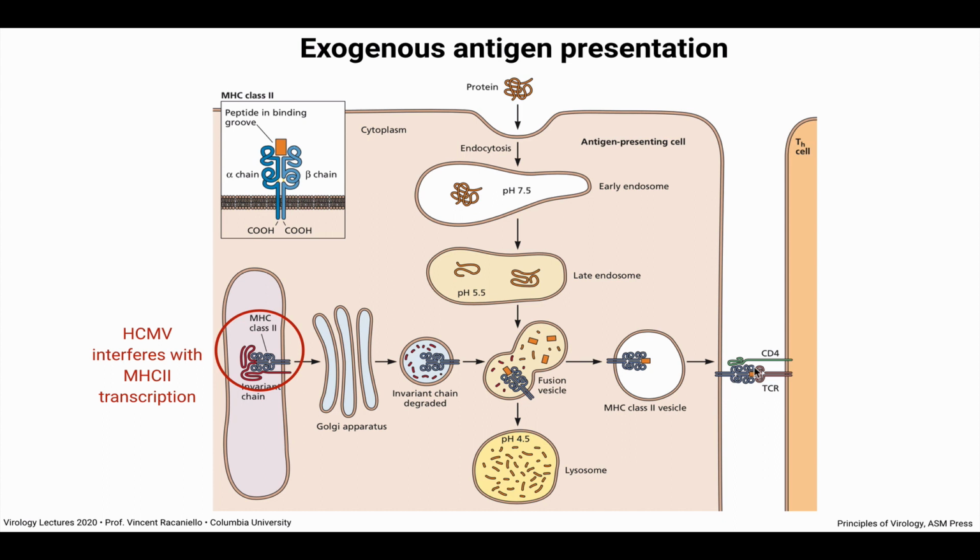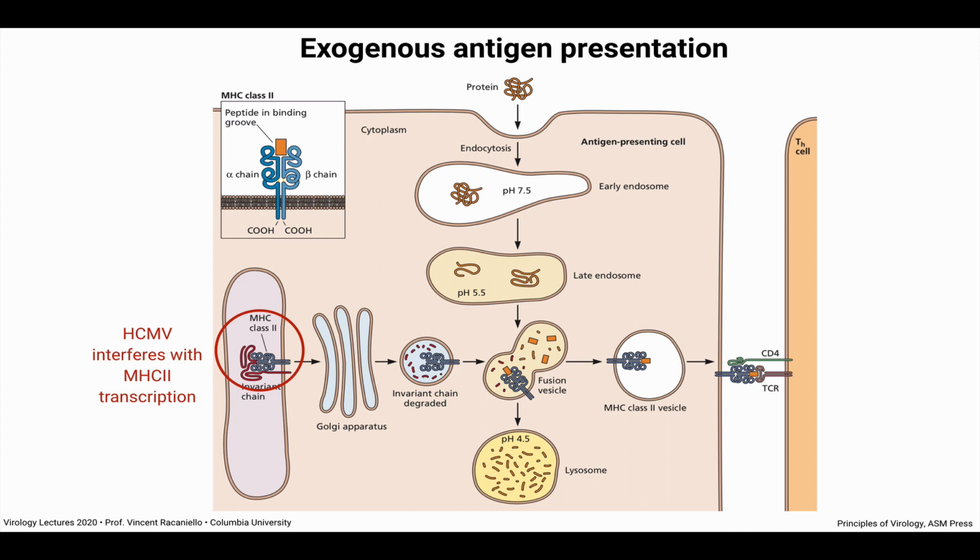It's part of the maturation of the dendritic cell. And then the dendritic cell goes into the lymph node where it finds naive T cells. T cells will interrogate the peptide in the context of MHC2. And if it's foreign, the T cell will recognize it as such and become activated, as we'll see in a moment. So that's the pathway for exogenous antigen presentation.